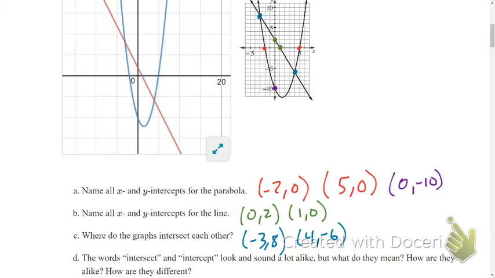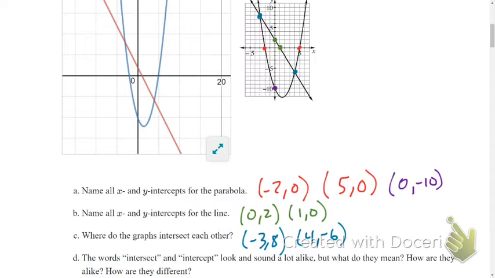So answering question D, the words intersect and intercept look and sound a lot alike, but what do they mean? How are they the same? How are they different? They're the same because they do cross certain points that you're looking for, special points. If you look at the intercepts, which I have in red, purple, and green, those are where the graph intercepts the x and y axes.